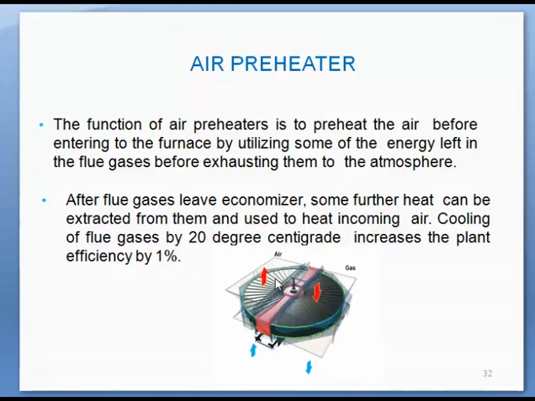Sometimes separate primary air and secondary air preheaters are used. So this cold atmospheric air is passed and it gains the heat contained in the flue gas. The flue gas transfers its heat to the incoming air and the air gets heated.